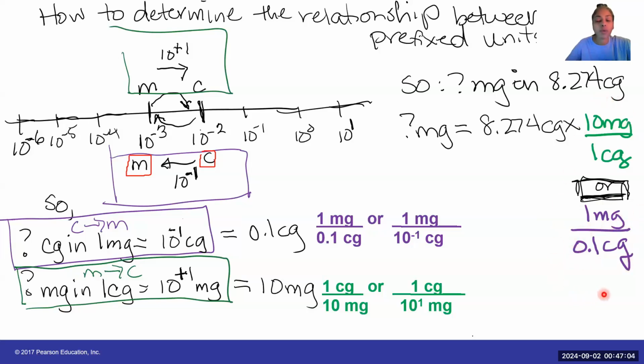They're all equal to each other, and these are all the identical conversion units, just written in a different form. Notice that everything is written so that I can cancel centigrams on the bottom, and I'm left with milligrams on the top. So what do we get? 82.74 milligrams.